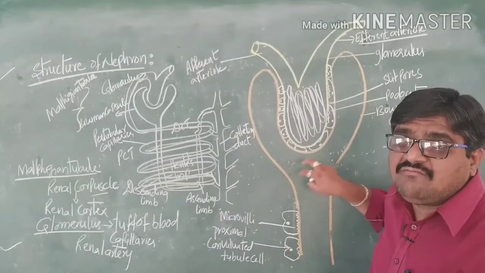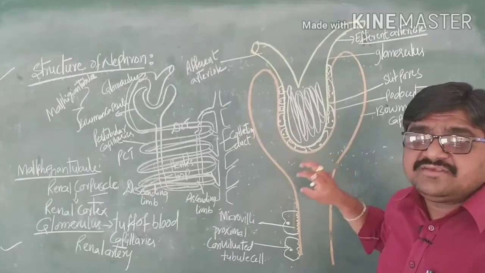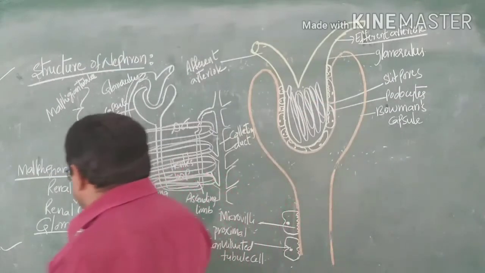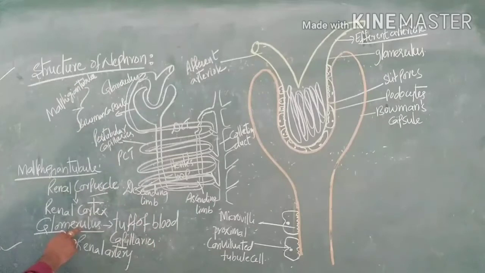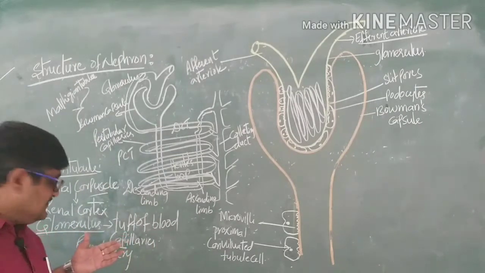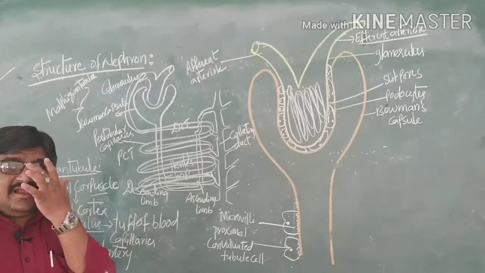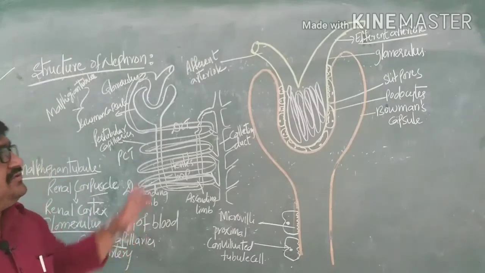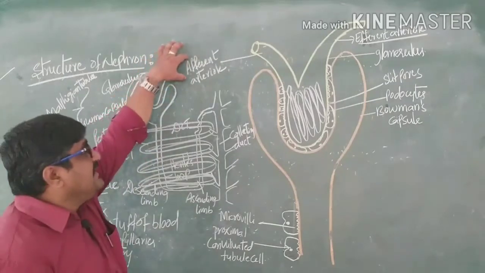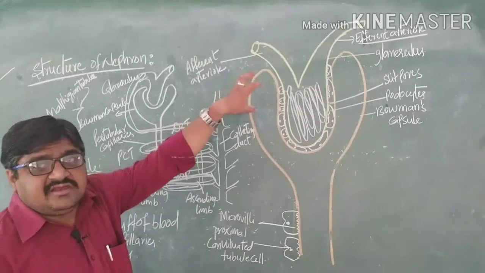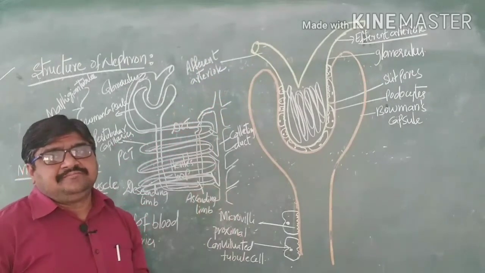So the tuft of blood capillaries present in the Bowman's capsule we call the glomerulus. It is an arteriole from the renal artery, which is differentiated into a wide afferent arteriole and a narrow efferent arteriole.